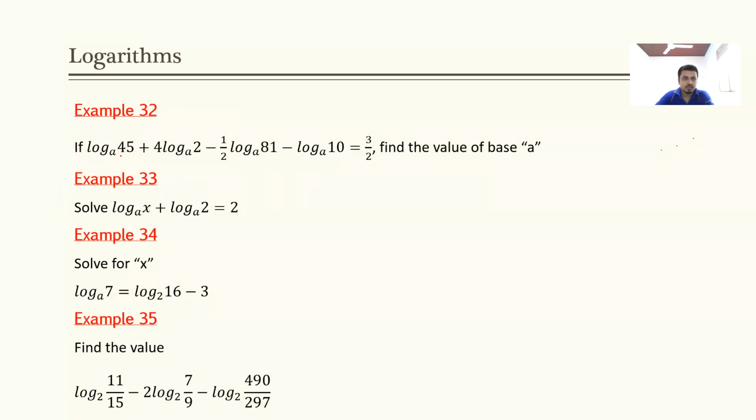Example number 32. Log of 45 to the base a plus 4 into log of 2 to the base a minus 1 over 2 into log of 81 to the base a minus log of 10 to the base a equals 3 over 2. We need to find the value of base a.